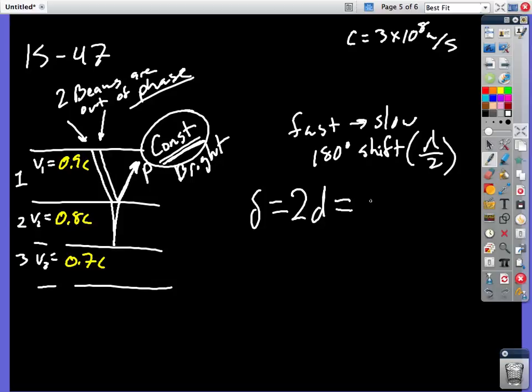Because I'm seeing if this is going from, oh, I forgot the other one. The other one was slow to fast on the top, and fast to slow on the bottom. So then, yeah, I think it should come out to something like this. Is this what you're saying? Yeah. Okay, I agree with you.